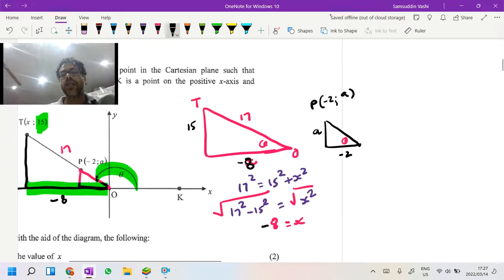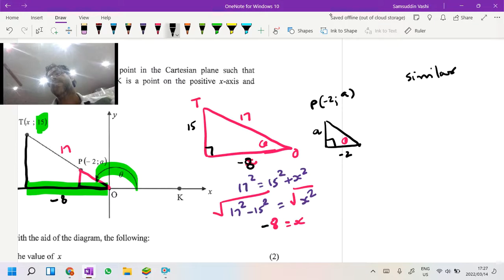Now if we look at these two triangles, from grade 9 we studied about the similarity of triangles. What is similarity? Two angles are the same. So both of them have angle theta the same, and both of them are right angles. So that means these two triangles are similar.